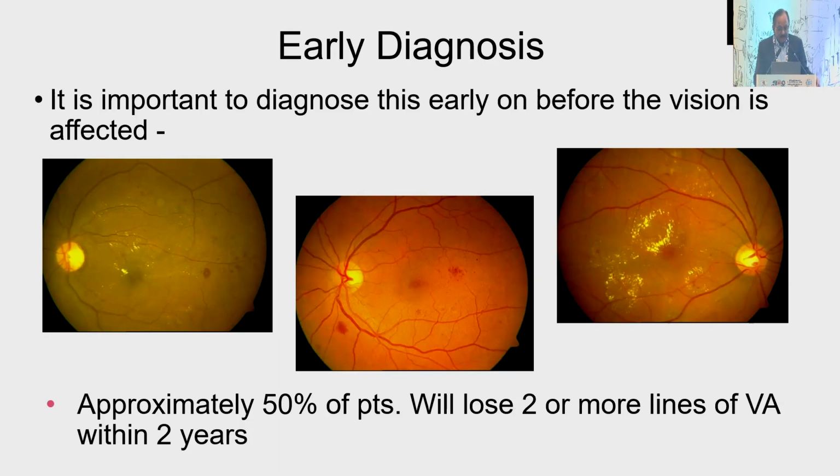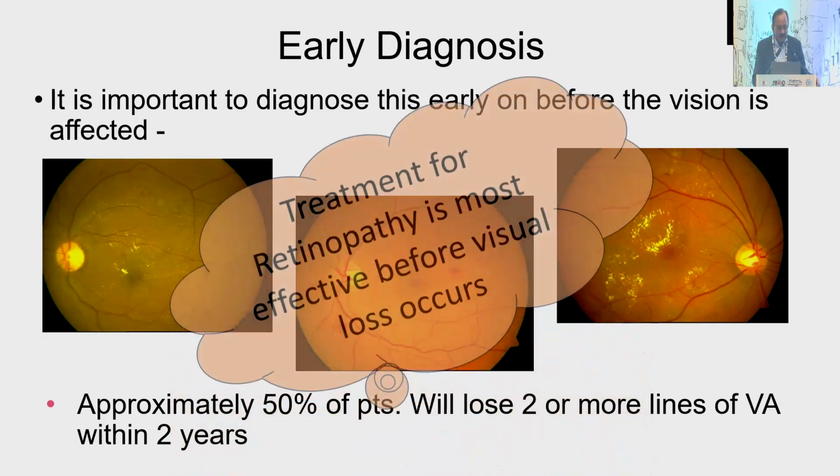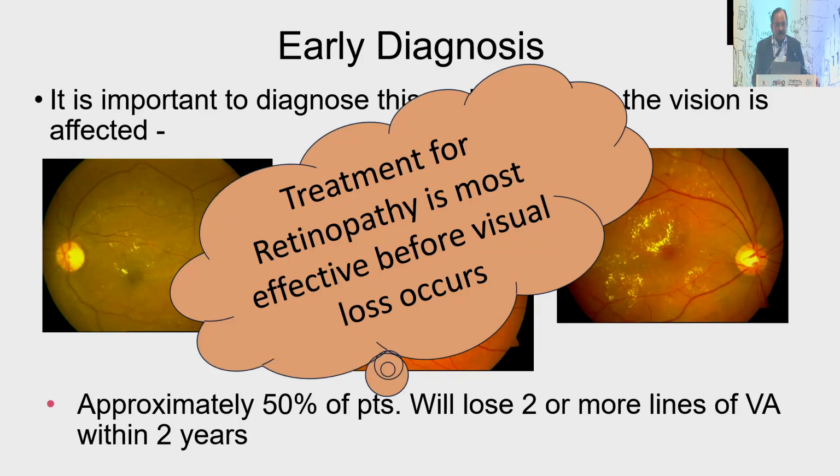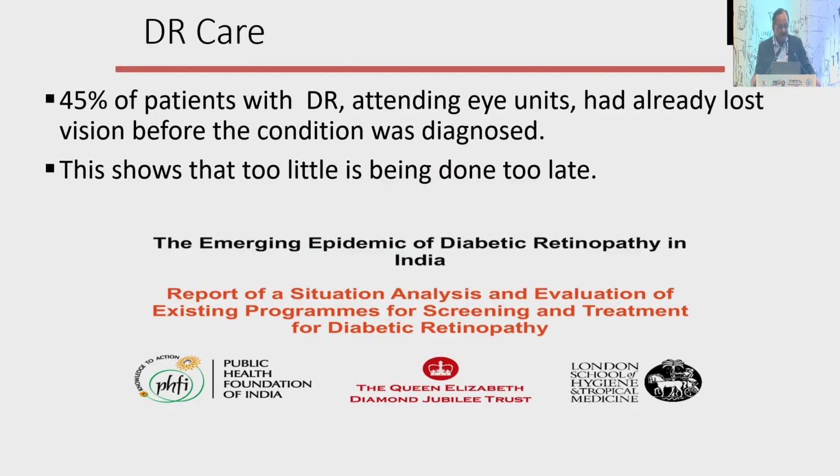We all know that early diagnosis is very important in these patients, and only then can you retain the patient's normal vision forever. Many studies have shown, and you yourself would experience, that patients come to you with diabetic retinopathy only at the late stage, not at the early stage.